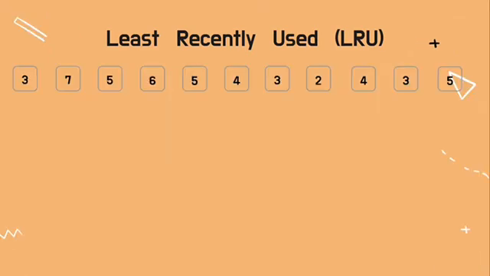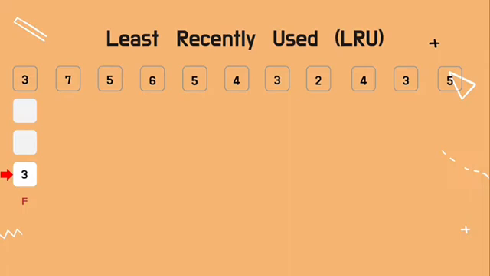Here is an example of LRU that I will explain. This example consists of a frame size of 3 and string number of 11, which are 3, 7, 5, 6, 5, 4, 3, 2, 4, 3, and 5. First, we have a string value of 3. This value will take place in the memory of the frame, which is at the bottom, so there will be a page fault.